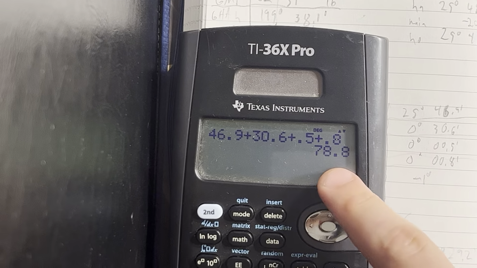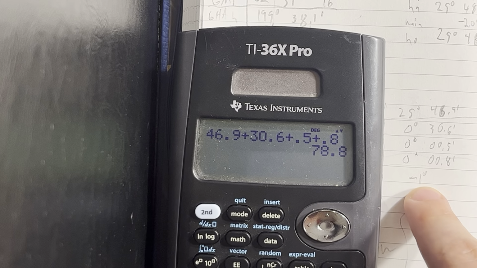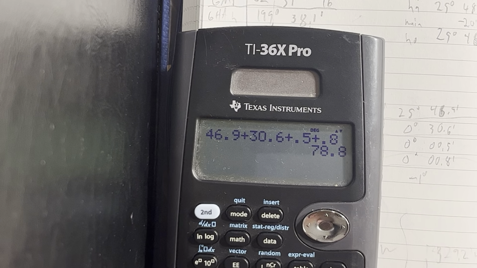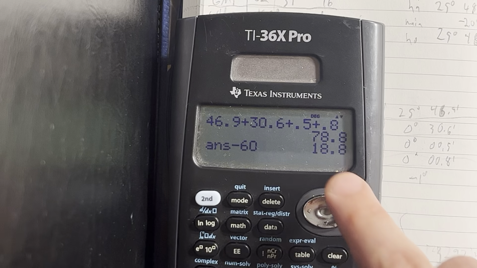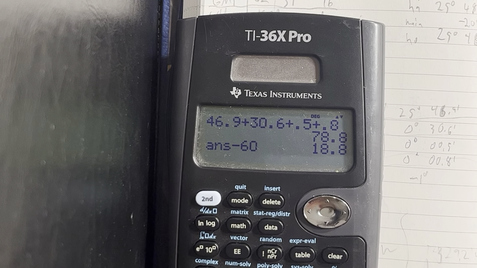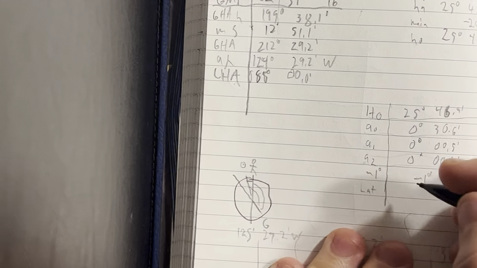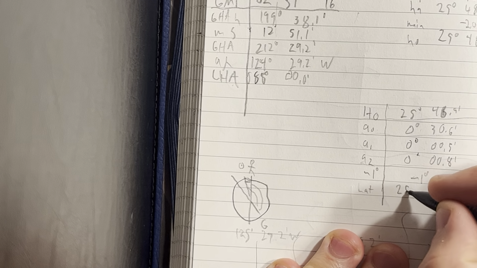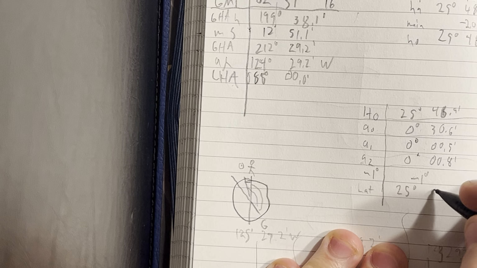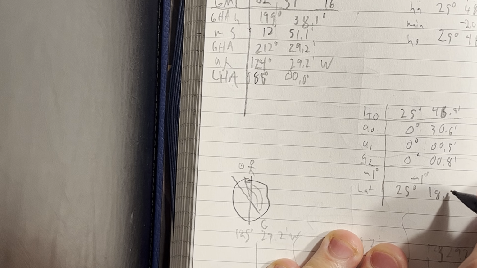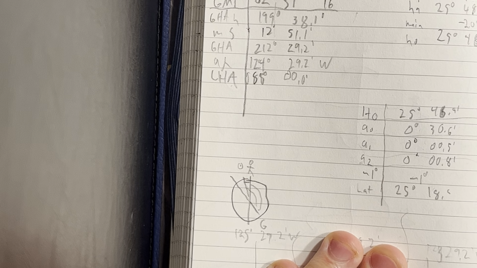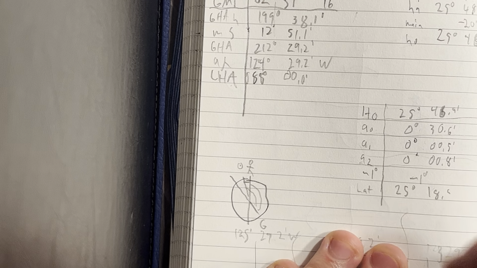But because this is more than 60, we can make it easier for ourselves and just do the minus 1 degree right now and subtract 60. And we get 18.8, meaning our true value would be 25 degrees, 18.8, wait, it would be 18.8 minutes, oh no, it would be 26 degrees.